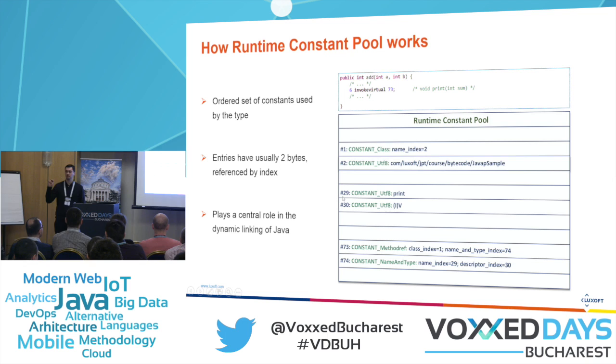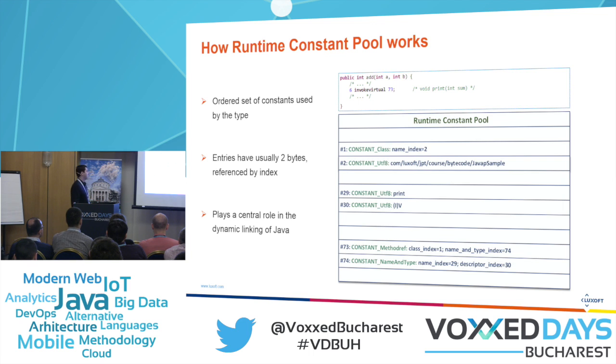It's like an array; we can get elements out of it based on the index. And the fundamental purpose of the runtime constant pool is that it plays a fundamental role during runtime in the process of resolution, of dynamic linkage for the symbolic references.